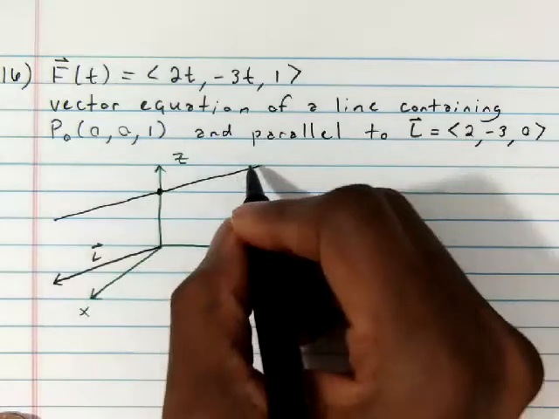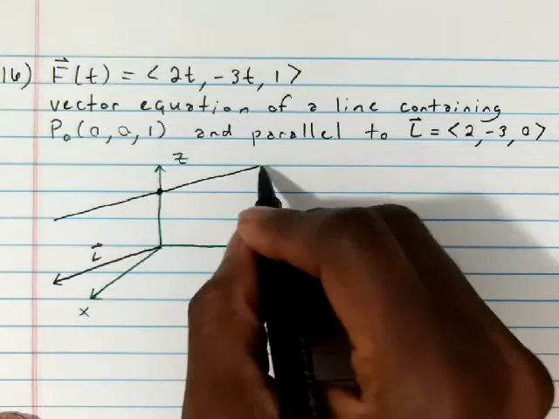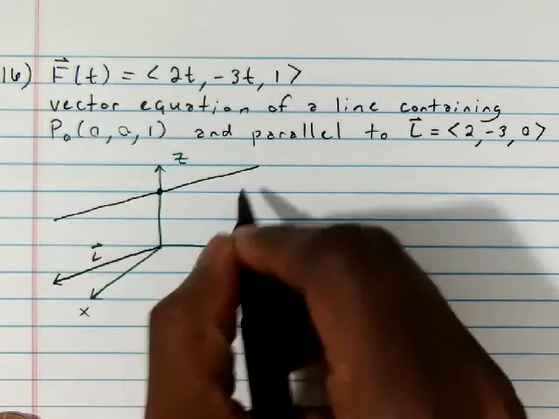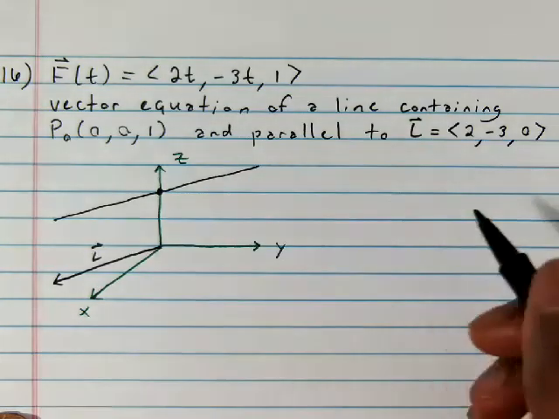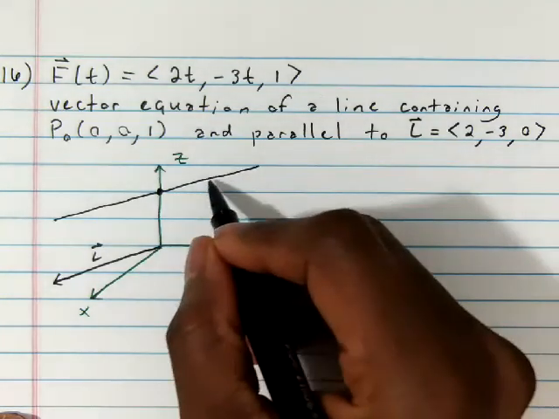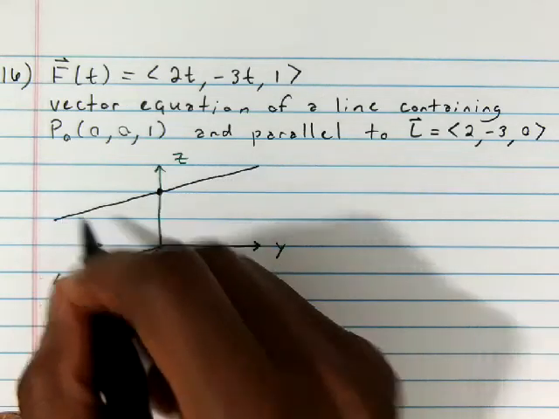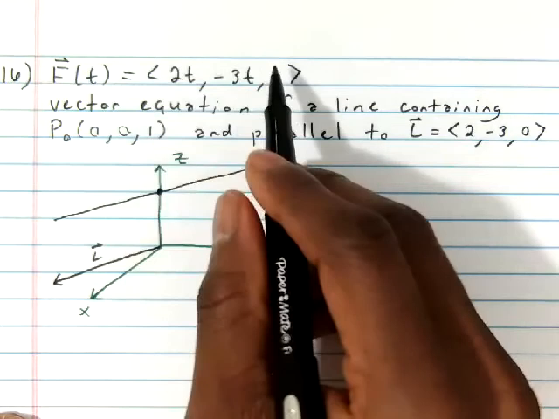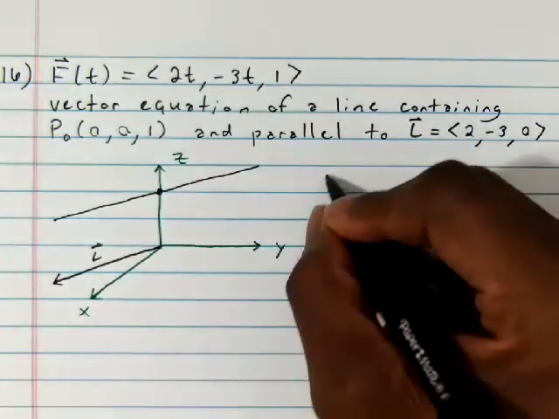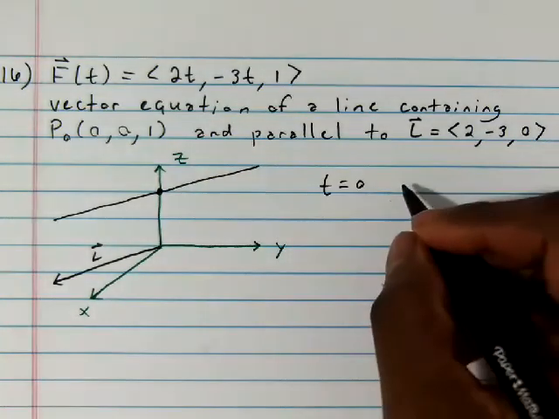All right, and now normally when we draw a line, we would put arrows at both ends. You don't want to put arrows at both ends on here because we just want arrows going in the direction of travel. All right, so now I have to figure out, should the arrows be going this direction or should the arrows be going that direction? So you take any 2 values you want and plug them in there. So at t equals 0, what do I get?